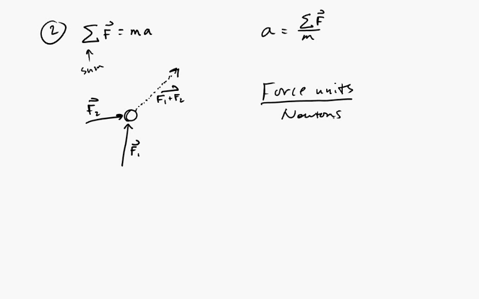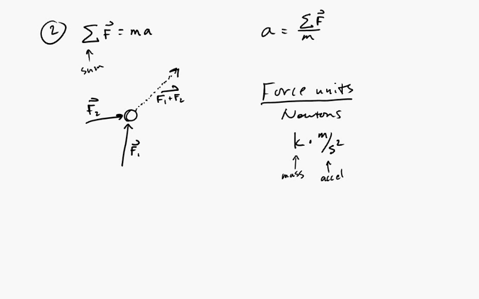A newton is a kilogram meter per second squared. That's because this is mass here, that's your m, and this is your acceleration here. So even though it looks a little complicated, it's not that bad.